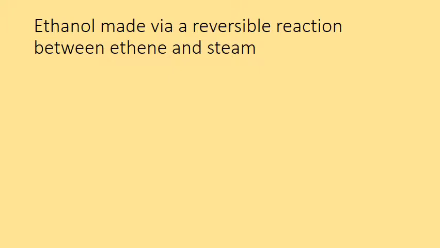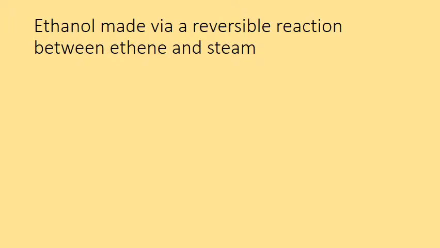And the cost of making that ethanol rather depends on how they run the reaction: at what temperature, what pressure, and if they choose a particular temperature and pressure, how much ethanol is going to come out at the end that they can then sell. So let's write this reaction down first.